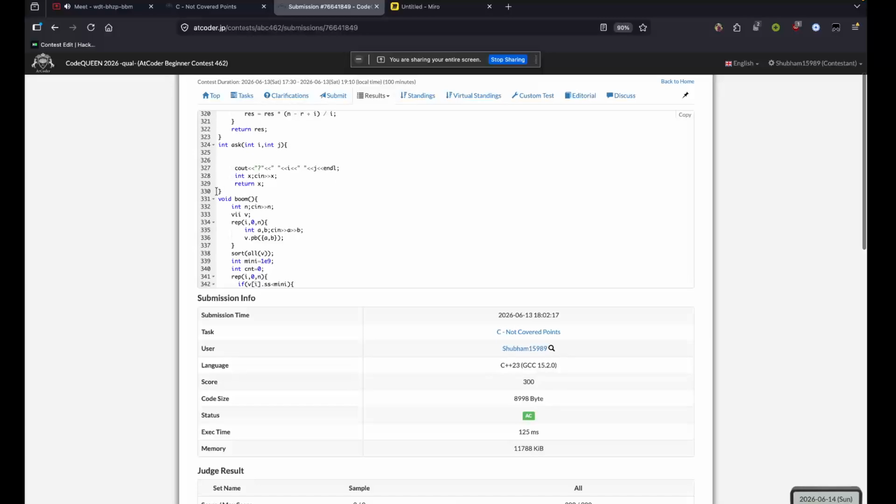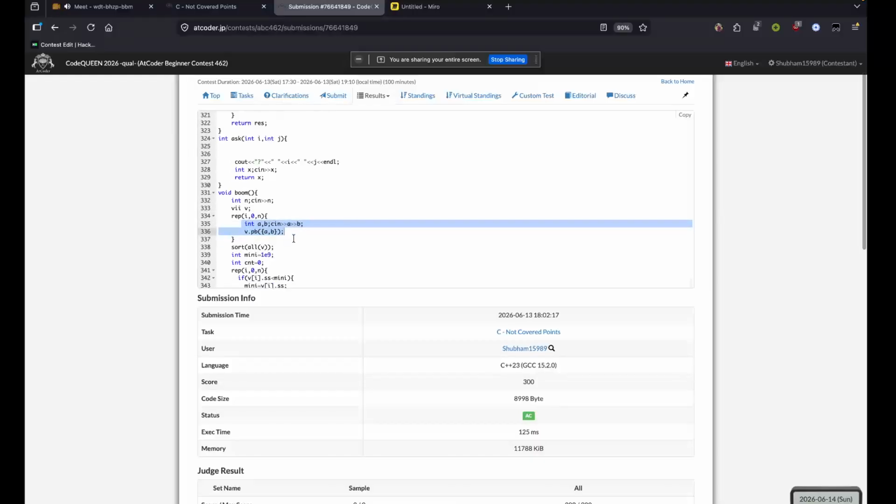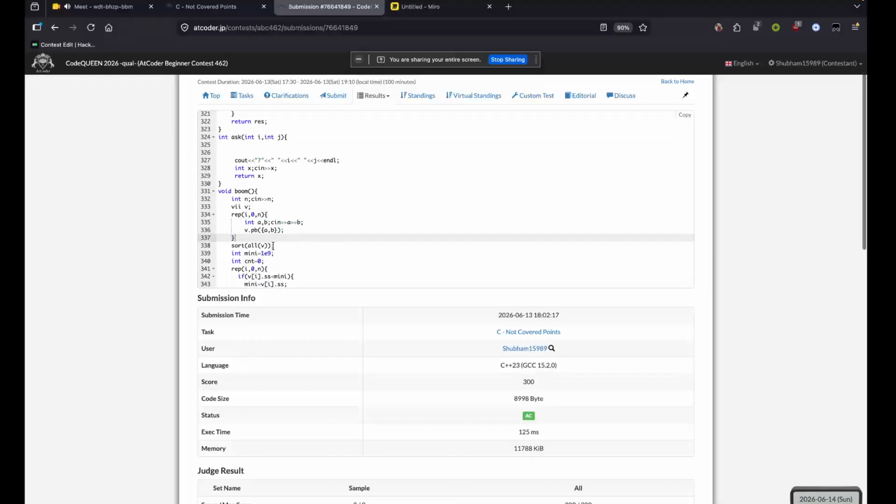First I take a pair of vectors, that is vector of int, store it as it is, and then sort it in the default, increasing order. We know the coordinates are in permutation, so there is no overlapping. I initialize a min variable that will store the last height.